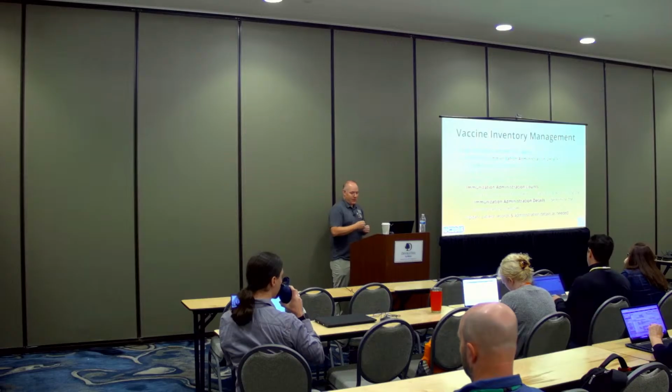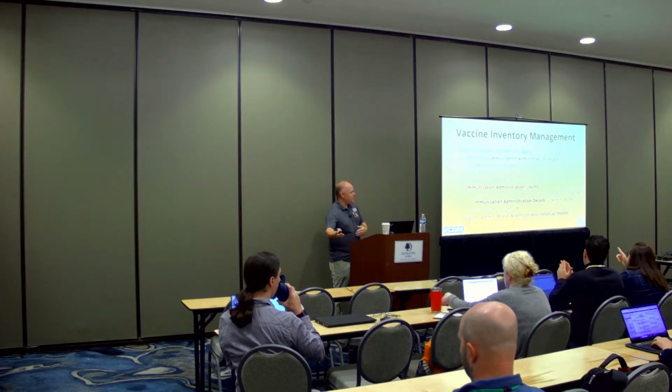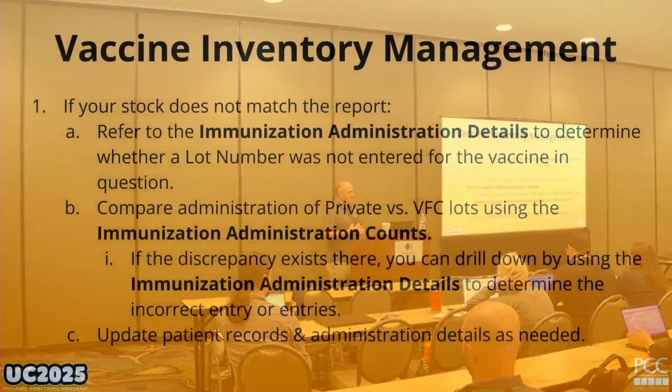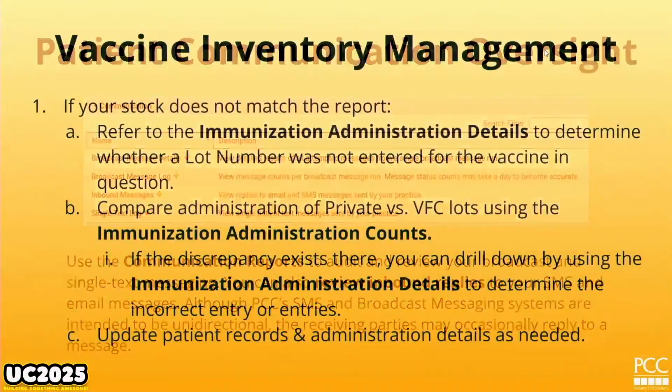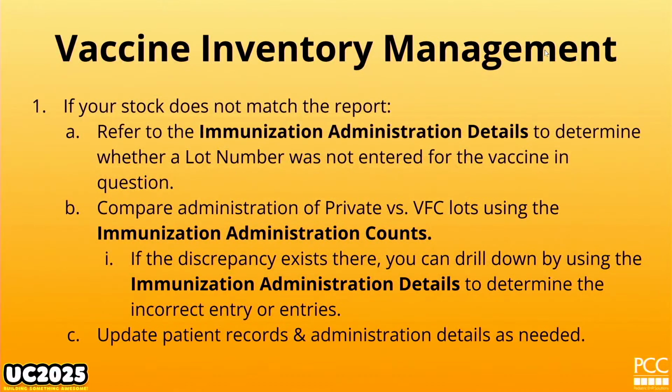We have a report for when the EHR inventory doesn't match what you actually have in the fridge. You can use an immunization administration details report to determine why. The immunization administration details will give every single vaccine you've given for a specified lot, just to make sure it matches what you expected that you gave at your practice.